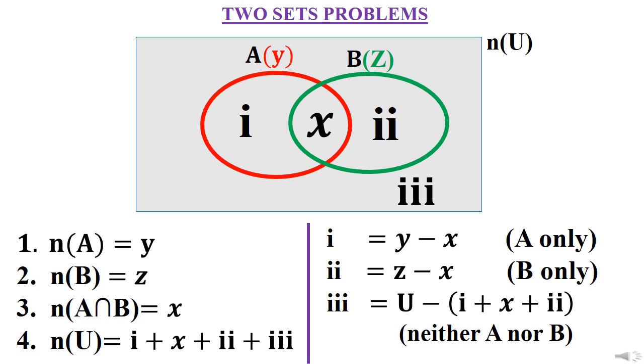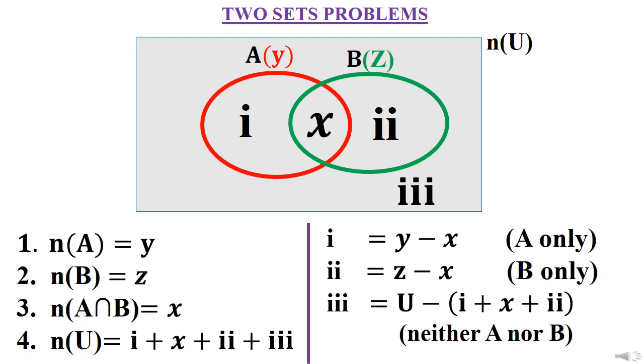Now you can see that in front of these letters A and B, we have Y in front of A and we have Z in front of B. The A and B itself is the set, and the Y and Z in front of these sets is the number. So that place can be 20, can be 30, it can be 40, it can be 10, it can be 1.